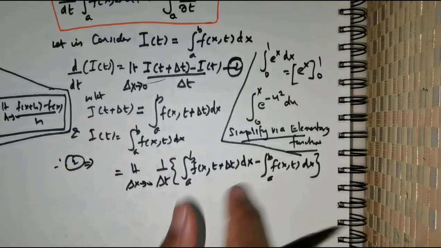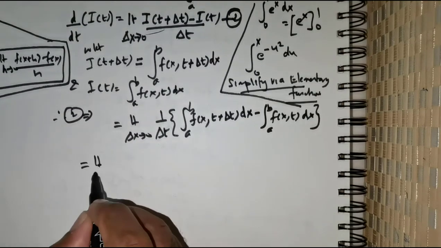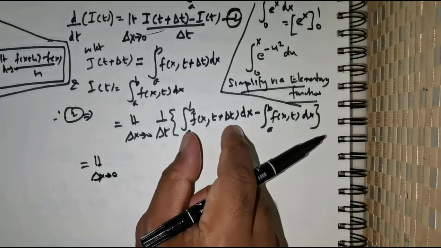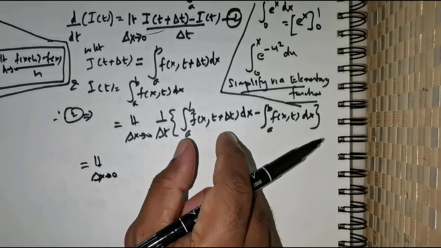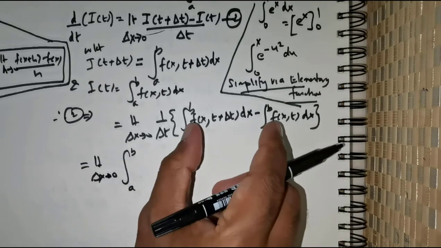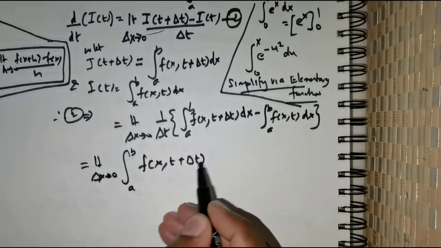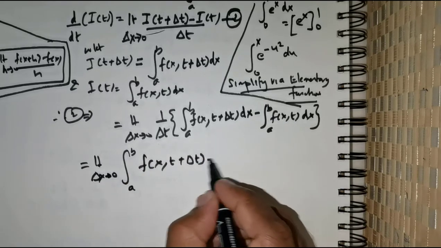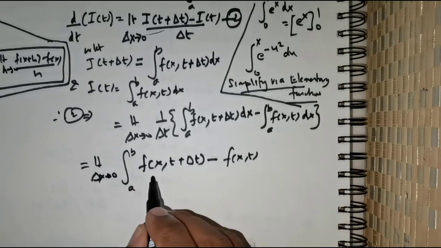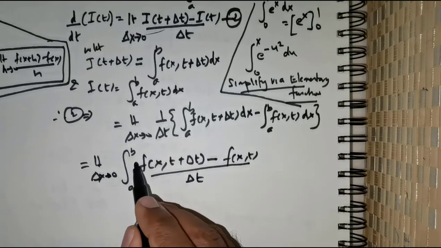Now of course I can rewrite this further in this fashion. The limit as delta t tends to 0 of, I can club these two integrals together: the integral from a to b of f of x comma t plus delta t, this is one component, minus f of x comma t, this is the second component, divided by delta t, which I can push inside.